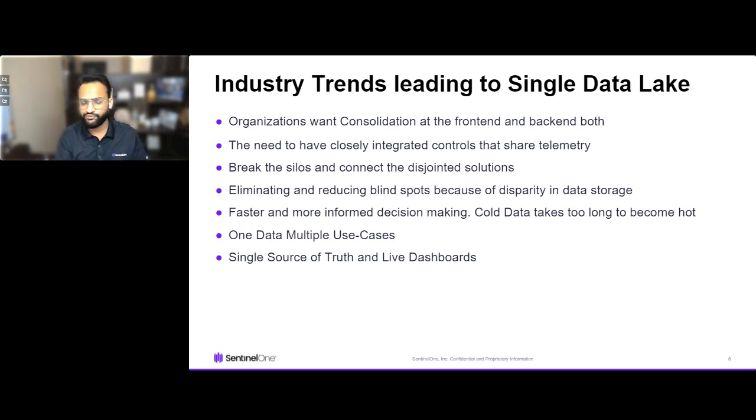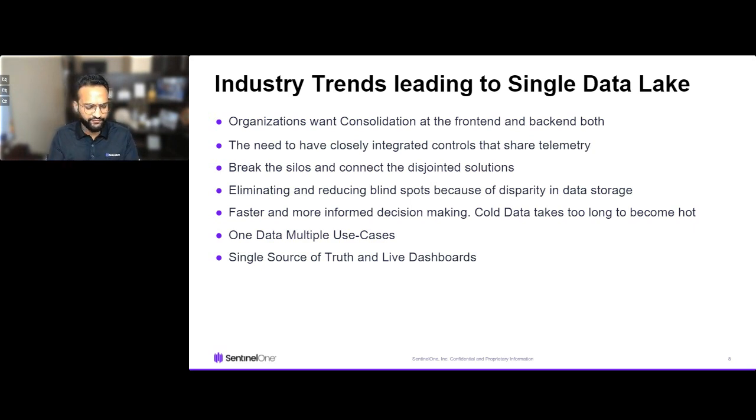Your EDR data goes to some other data backend, your email data goes to another backend, your SIEM data is in another backend, cloud logs go to another backend, and it creates a lot of gaps, because of which a lot of detections fall between the cracks, which only makes the job of a security operations center a lot more difficult.